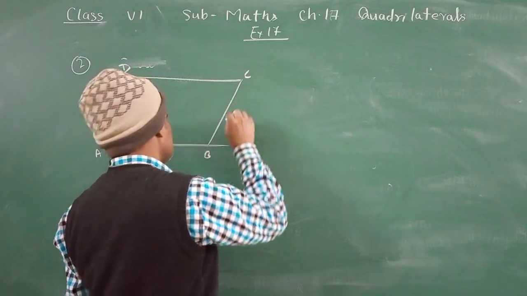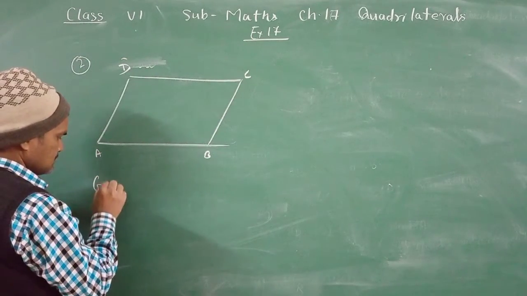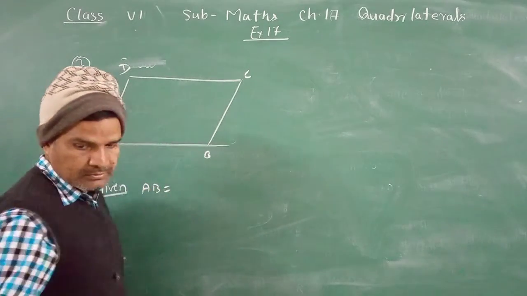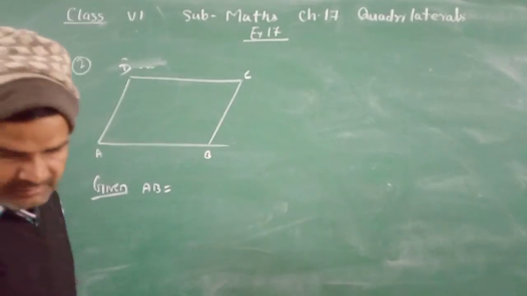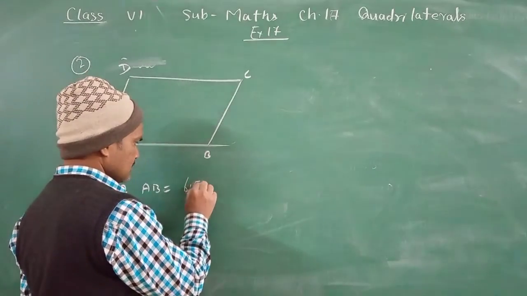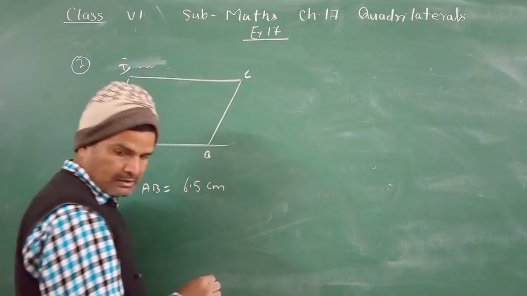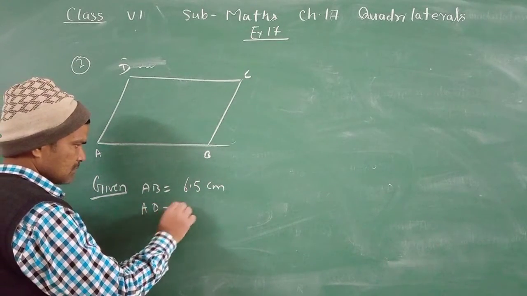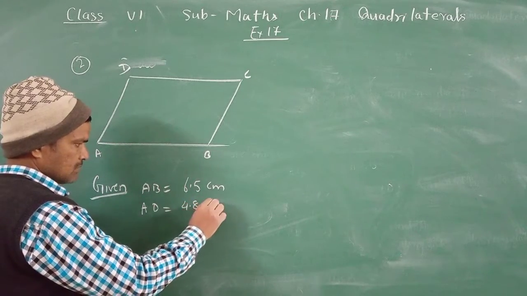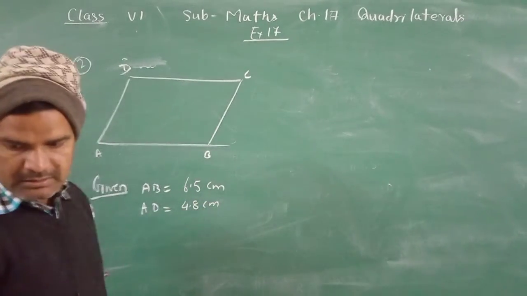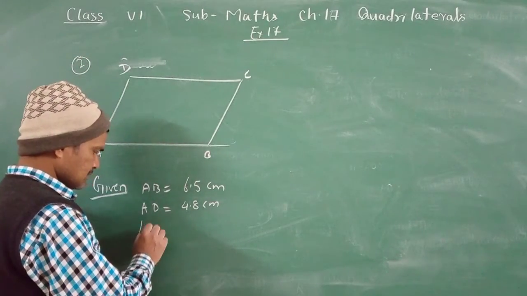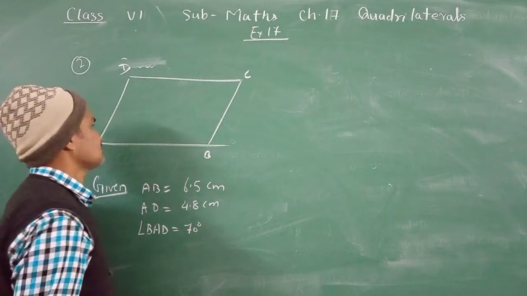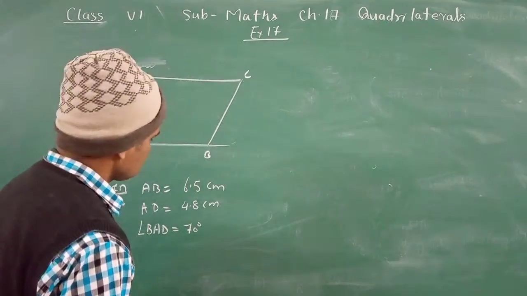It is given that AB is equal to 6.5, AD is equal to 4.8, and angle BAD is 70, right?